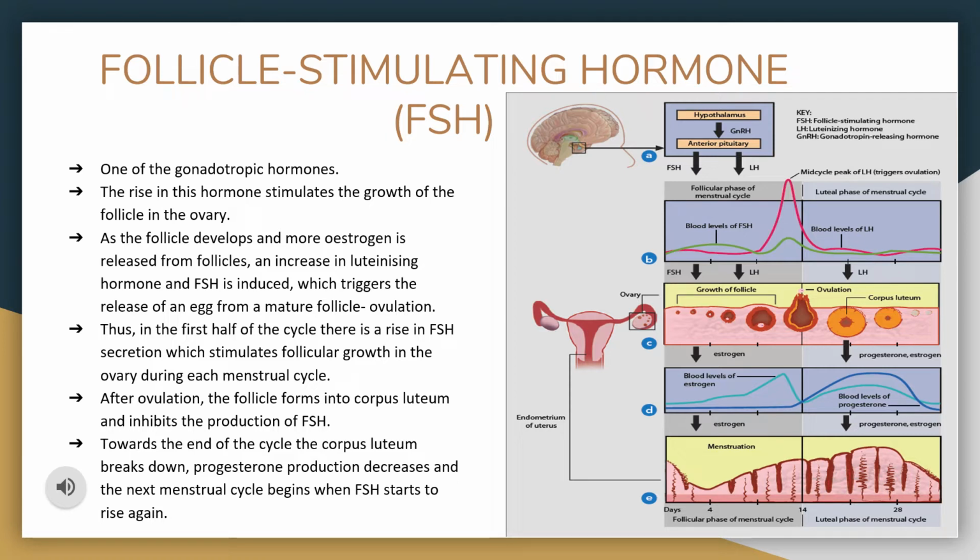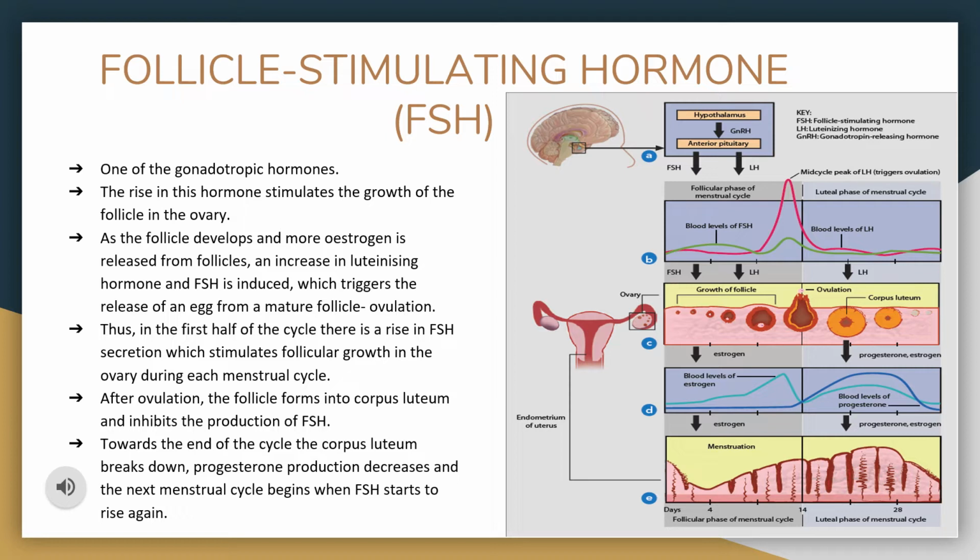As the follicles grow and more estrogen is produced from the follicles, it stimulates a surge in luteinizing hormone and follicle stimulating hormone, which stimulates the release of an egg from a mature follicle during ovulation. Thus, during each menstrual cycle, there is a rise in FSH secretion in the first half of the cycle that stimulates follicular growth in the ovary.